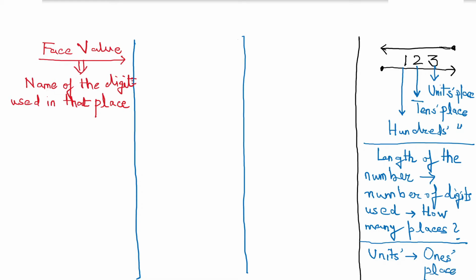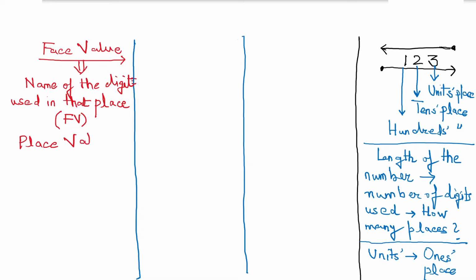So for example, in 123, and for further discussions, we will be using FV for face value. Before I go ahead taking an example for this and giving a further clarity on this topic, let me talk about the place value.